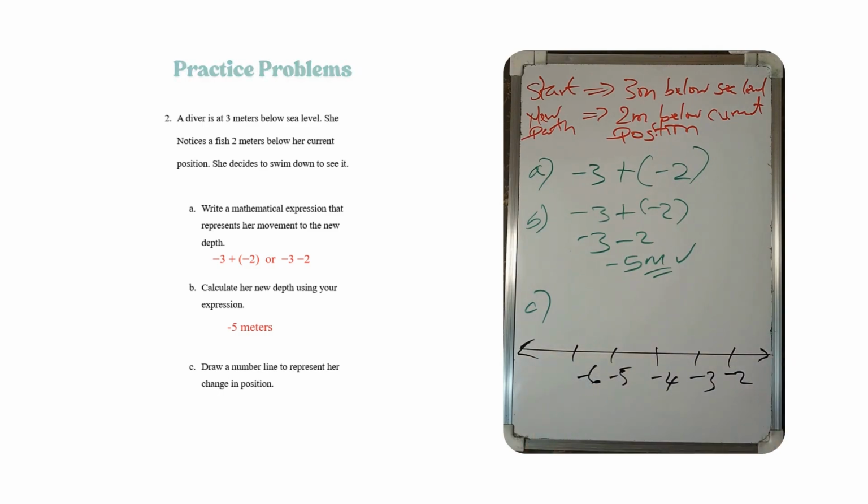So this diver starts from negative 3, which is 3 meters below sea level, and she swims downwards. She sees the fish 2 meters downwards, so it will be 1, 2, and this is just to show the direction, and ends at negative 5 meters.